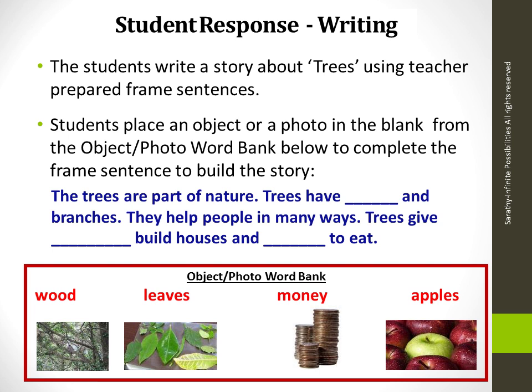Another tool for Anna would be something like this, where objects or photos are attached to a word bank, and the student completes the writing activity, taking these Velcroed objects or photos and completing the sentence. That's another way the student demonstrates his or her knowledge.